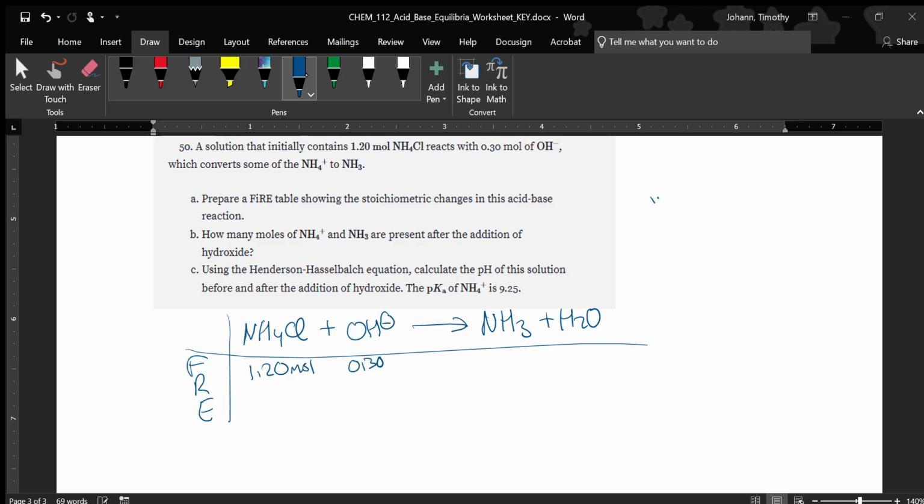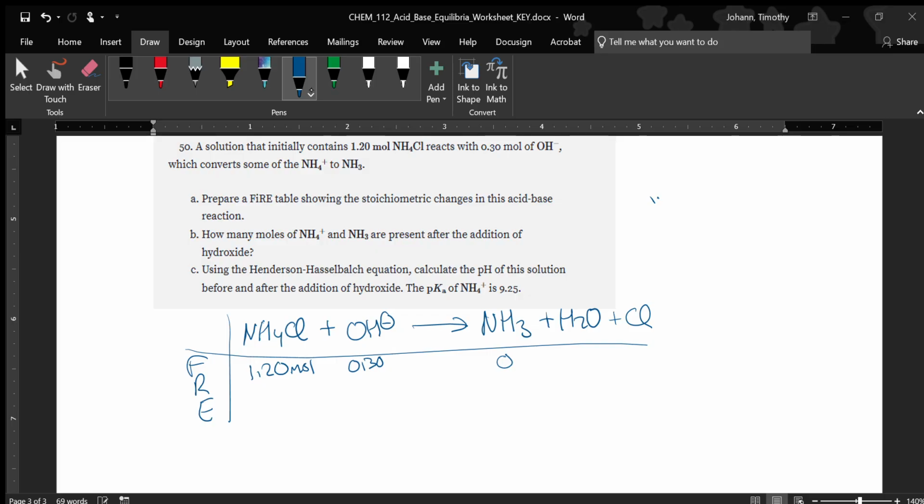We don't have any of this. We'll make some water, but let's not worry about the water. The water's 55 molar, so it's not going to matter. And then I think there was a Cl here.